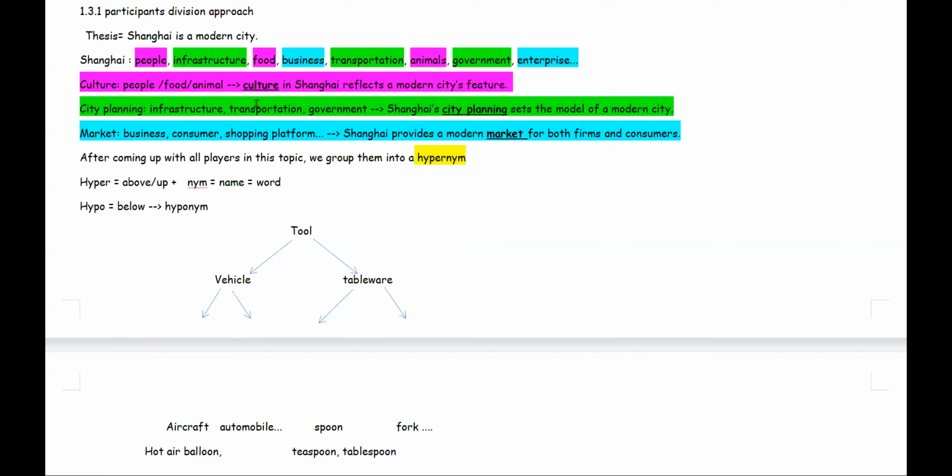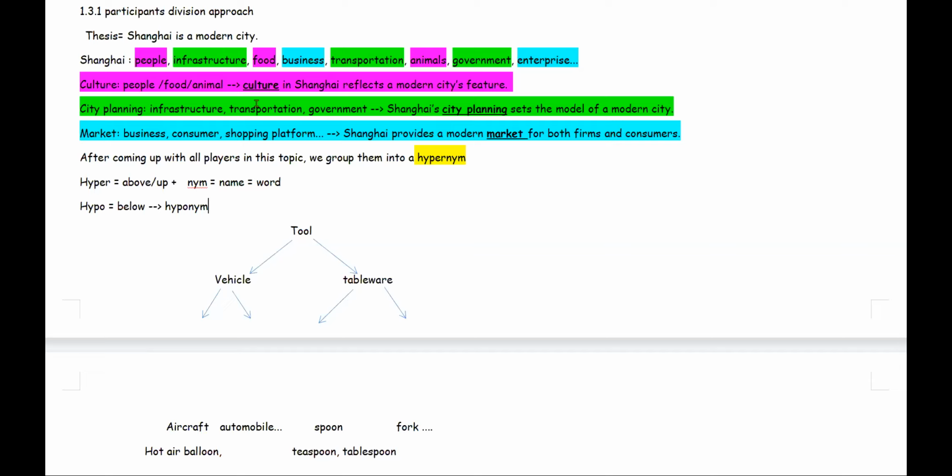A modern city tends to reflect or show cultural diversity. The more modern a city is, the more diverse the culture tends to be, because you attract people from worldwide to visit or even to settle down in this city.